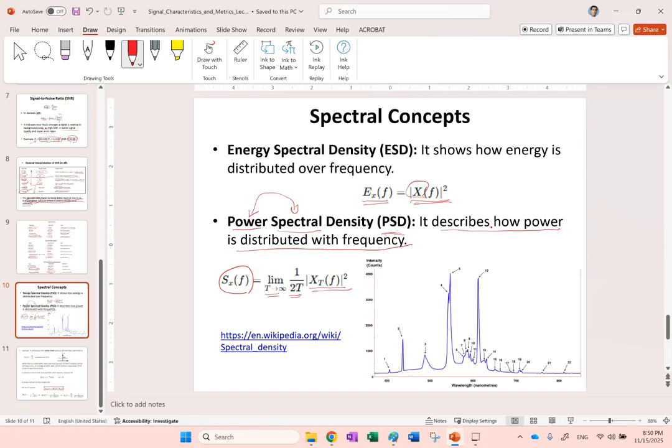For instance, if you look at this image, which is taken from Wikipedia, this is the power spectral density of a fluorescent light. You see that the maximum power is in these two frequencies, whatever they are.